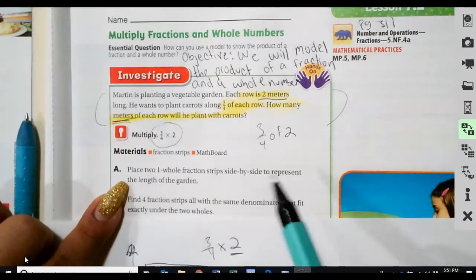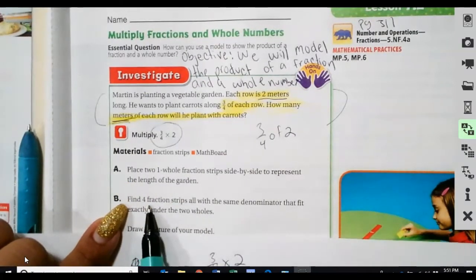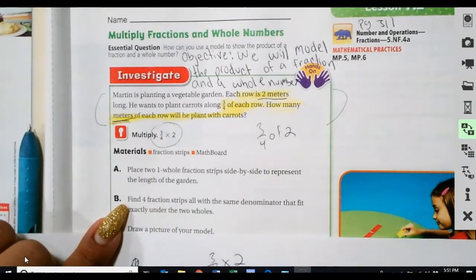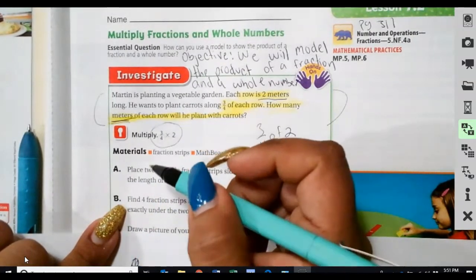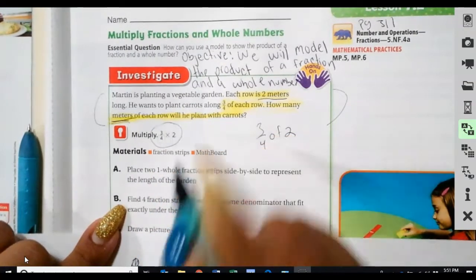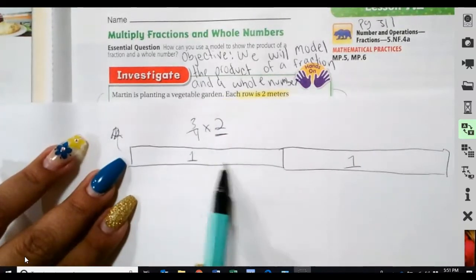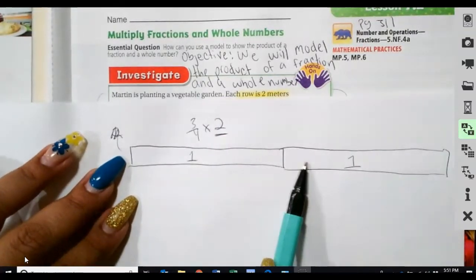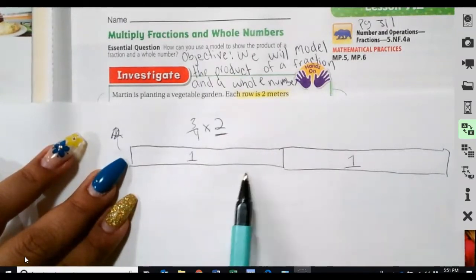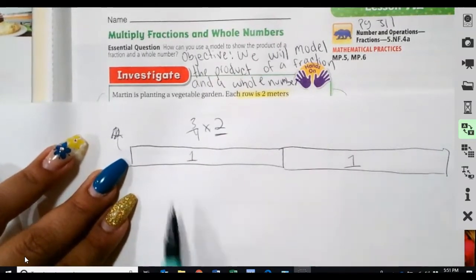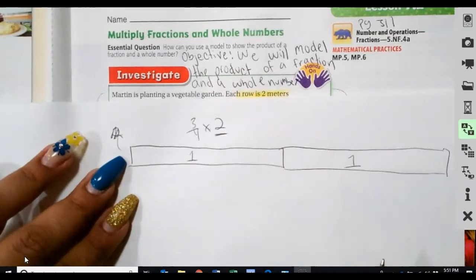So, 4 fraction strips that fit equally. For that you can kind of think, well, 3/4, if it was one whole, then it could be in fourths, right? But you can kind of just think, well, halves, if I do halves, 1/2, 2/2, 3/2, 4/2, then that will give me 4 equal strips.